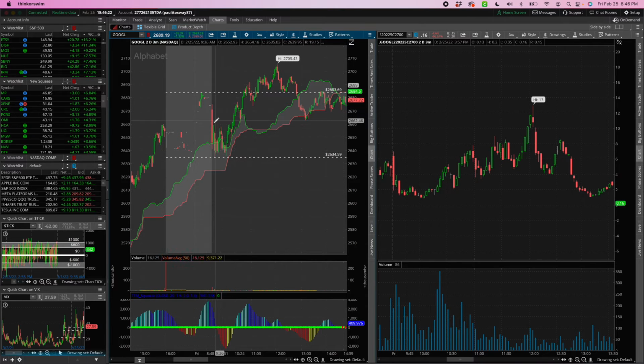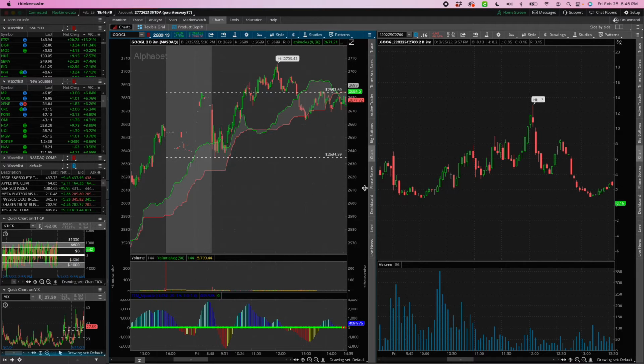I was waiting for Google to come down and hit one of those pre-market lows. This is pretty picture perfect as far as what you're looking for. It comes right down, hits one of those pre-market levels, bounces off of it, and then chops right here for a couple of candles. Mind you, I'm on the 3-minute chart, so this is only within about 20 minutes or so.